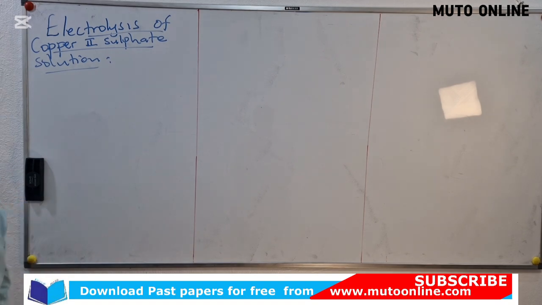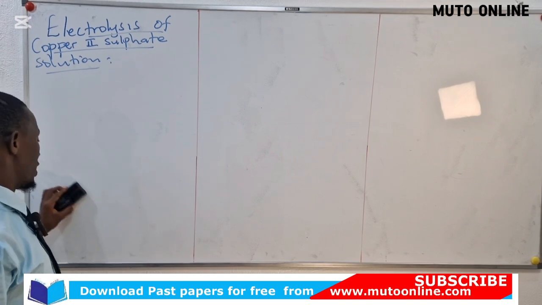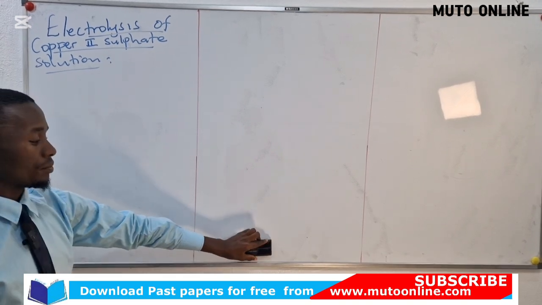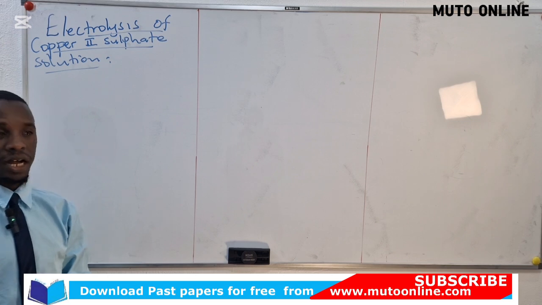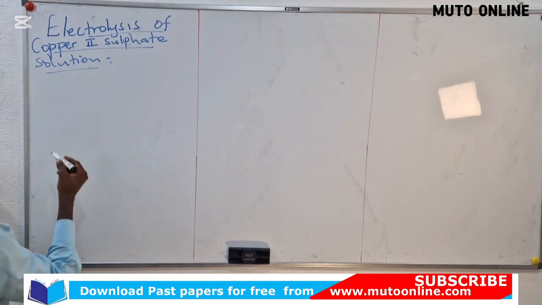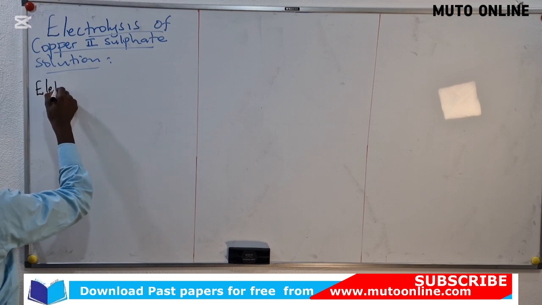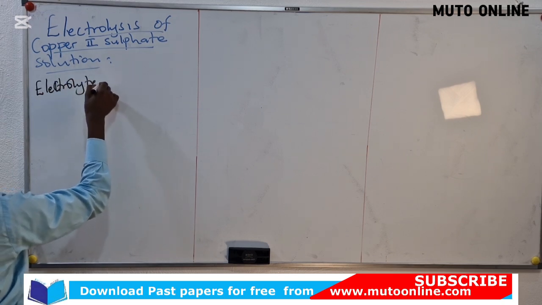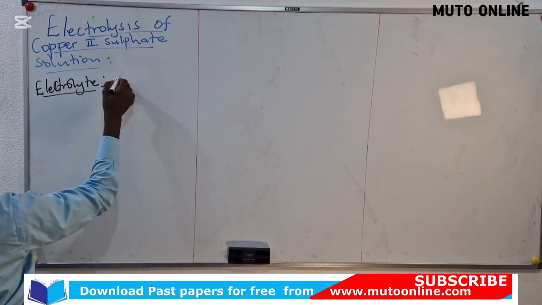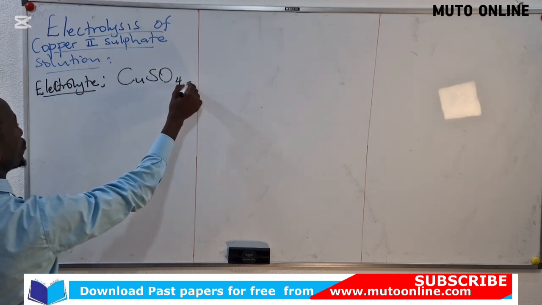Remember, we said there are several factors that determine the discharge. As we're talking of electrolysis, one has to talk about the electrolyte. So in this one, the electrolyte is copper II sulfate solution.